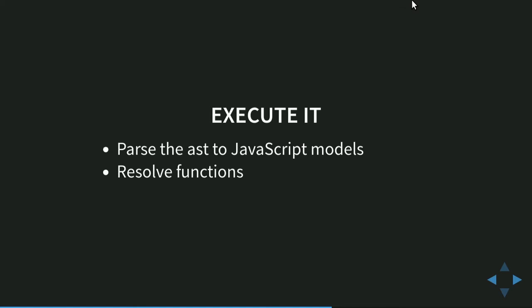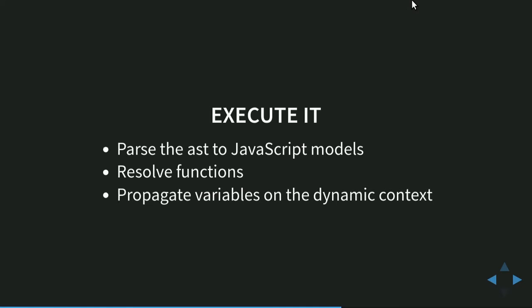If someone tries to execute the function access string with 5 arguments, we throw a static error. So it's really easy. We propagate variables on a dynamic context, which we just pass around and wrap, and scope.